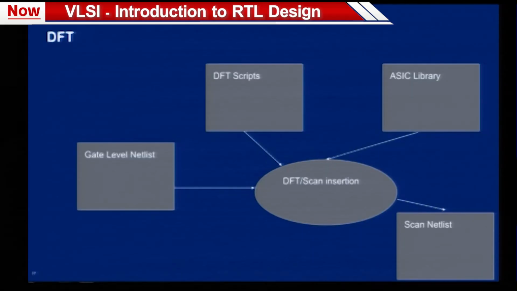Since we had started with the RTL based design methodology, we will continue to show. We had that gate level netlist which we had obtained from synthesis. From that gate level netlist, we will put it into a scan insertion tool which has the DFT scripts, and you will get a scan netlist. So, your gate level netlist had digital logic and D flip flops.